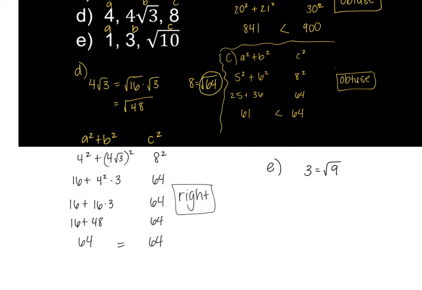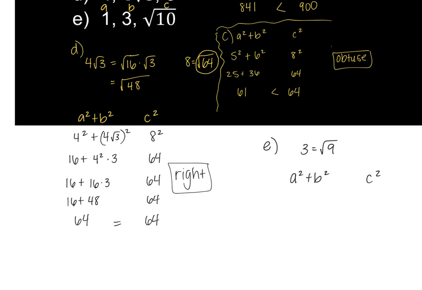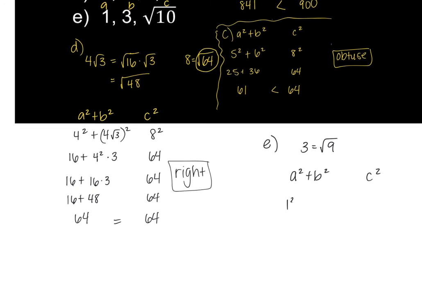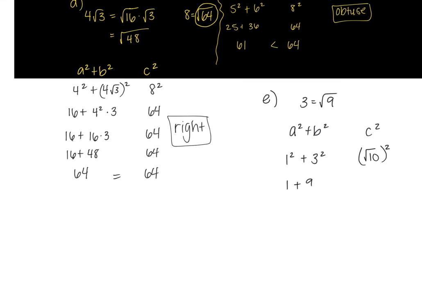So now in E, all we're going to do is take our A squared plus our B squared and compare it with our C squared. Our A is 1 squared, our B is 3 squared, and our C is the square root of 10 squared. 1 squared is 1 plus 3 squared, 9.